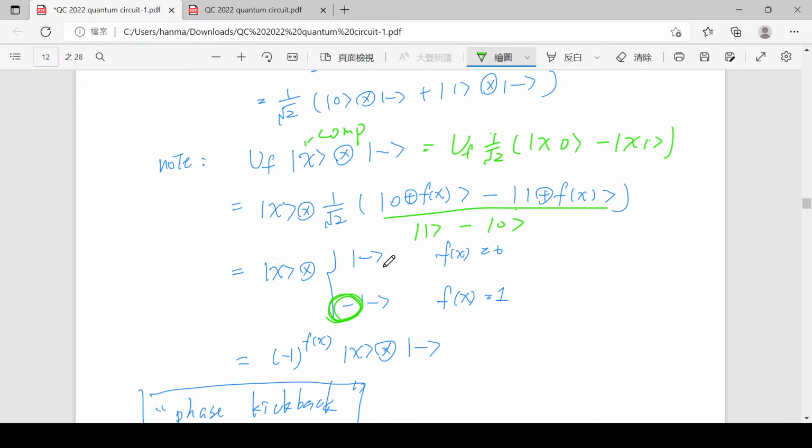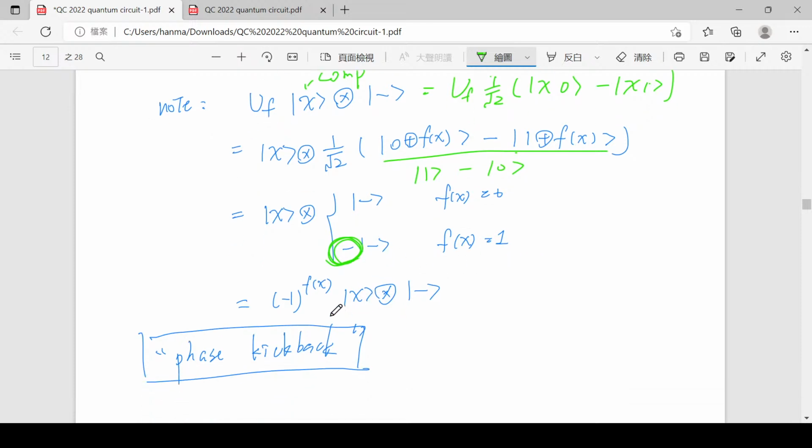So we have x tensor the minus state, but when f of x equals 0 there is no minus sign here, and when f of x equals 1 there is a minus sign here. We can write this in a more succinct formula: minus 1 to the f of x, times x tensor minus.